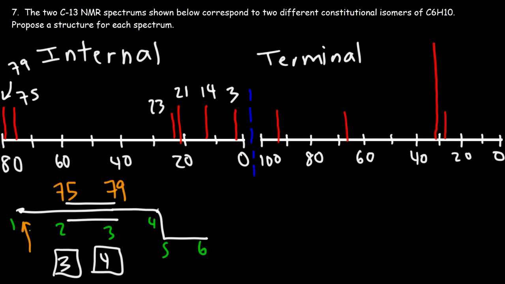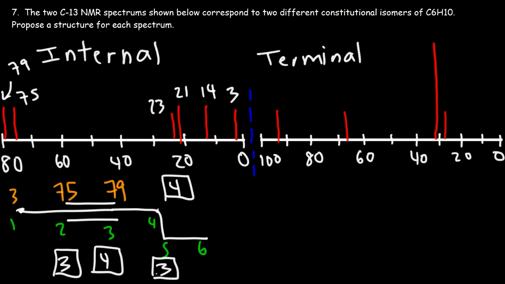Now, carbon 1, we saw multiple examples where a methyl group attached to an alkyne has a chemical shift of 3. And so this is going to be the same in this example. So that's pretty consistent. Now what about carbons 4, 5, and 6? Carbon 4 has a score value of 4 because it's adjacent to 2 secondary carbons. Carbon 5 has a score value of 3 because it's next to a secondary and a primary.